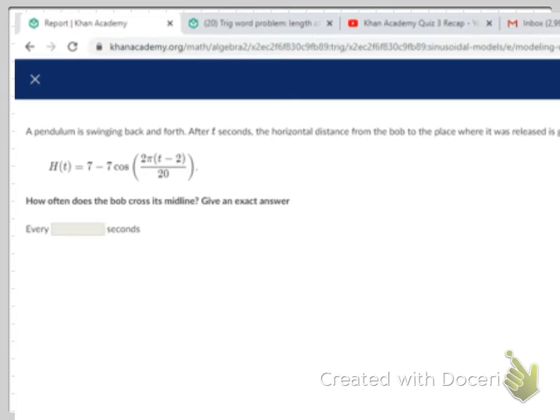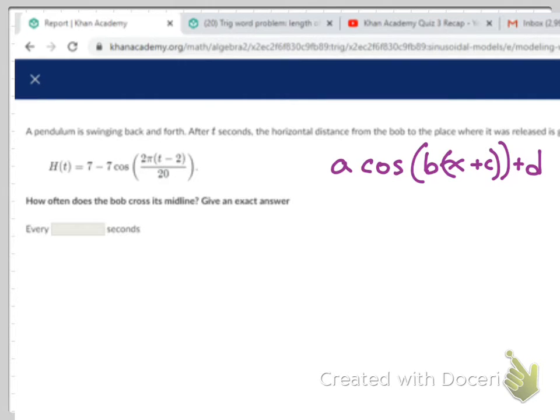So I've been thinking about this as a cosine function, sort of in this format, where we have A, B, C, and D. A is the vertical stretch or shrink, which affects the amplitude, and hopefully you watch my other YouTube videos I put together.